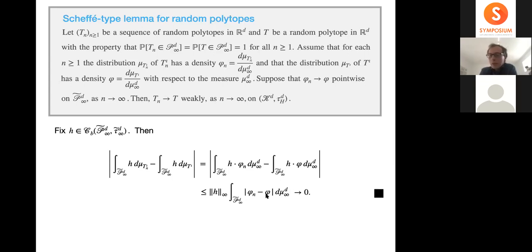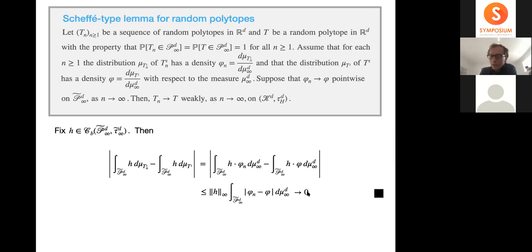Then you have to say something about the difference of these densities. Well, this is our assumption, the densities converge. And this is the classical Schläfli lemma: if the densities converge pointwise, then you have weak convergence, which means that these integrals go to 0. So this must go to 0.